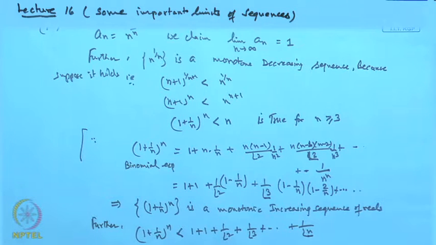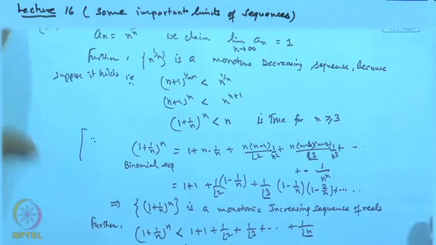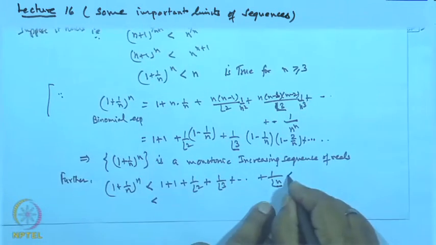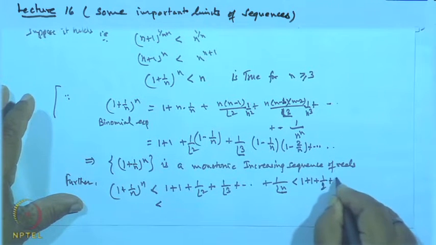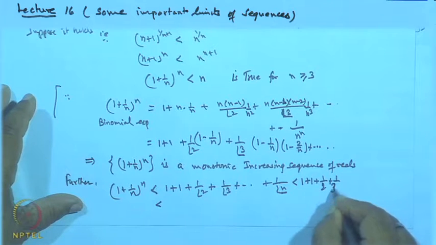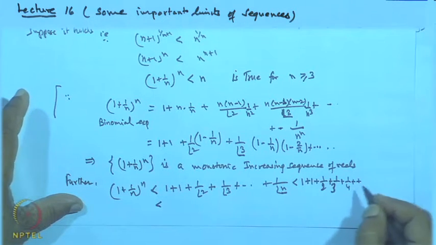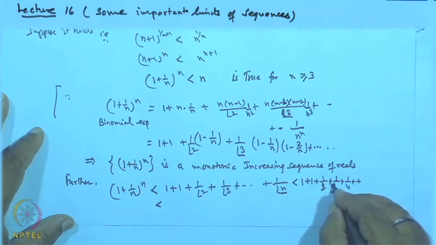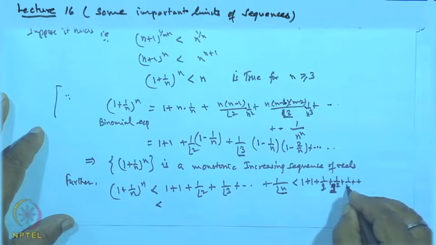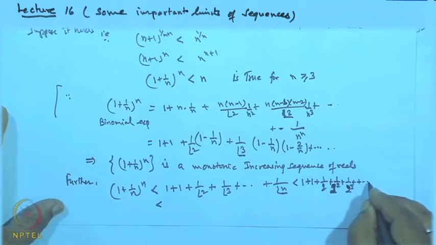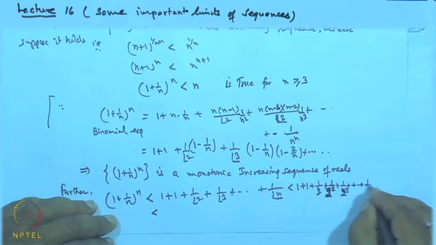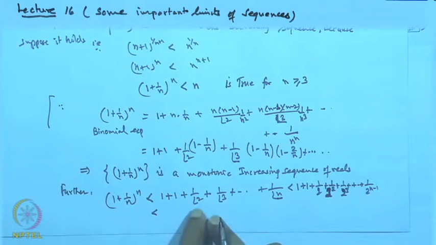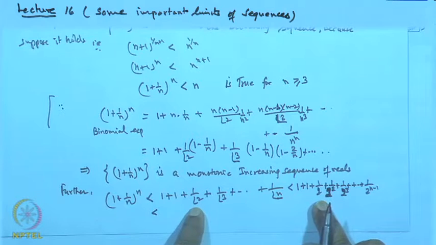Now, this is further less than 1 plus 1 plus 1 by 2, 1 by 3, 1 by 4 and so on, 1 by 2 square, 1 by 2 cube and so on like this. So it is 1 by 2 to the power n minus 1, because factorial 2 is equal to 2 basically.